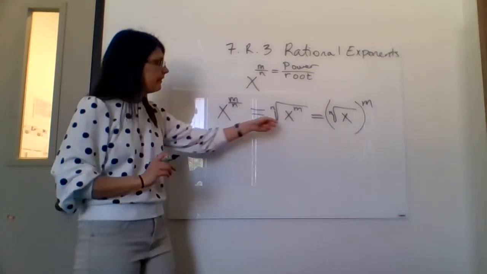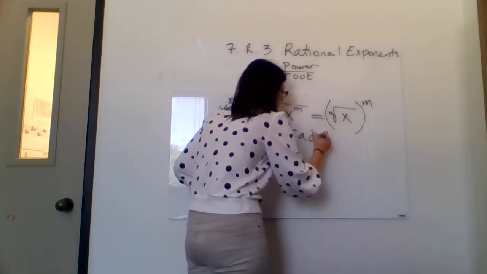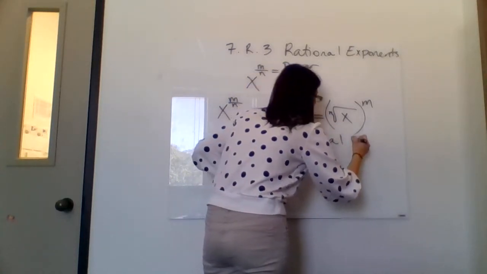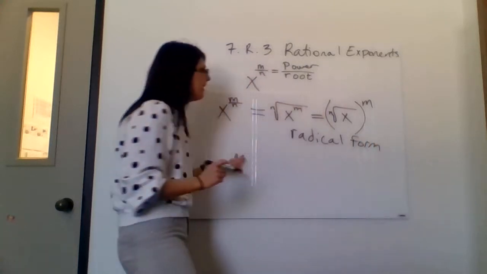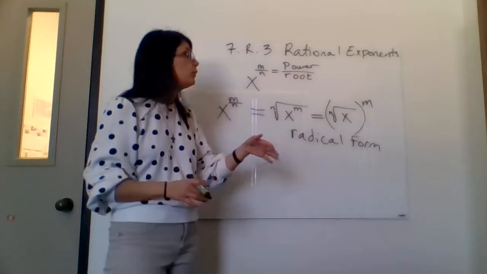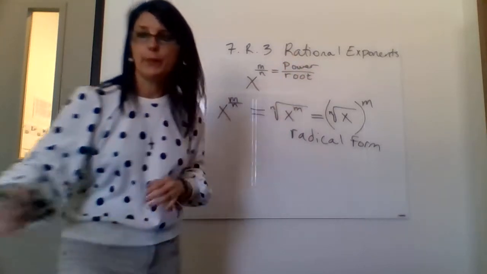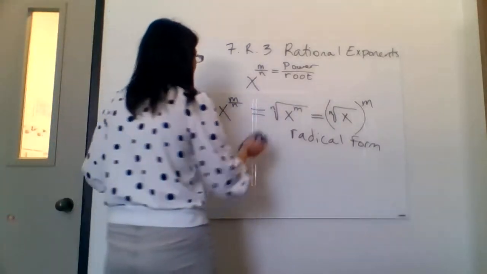So these two forms right here are what we call radical form. And now that we have these definitions, we can convert back and forth between radical form and writing the expression with a rational exponent. So let's do an example of that real quick.